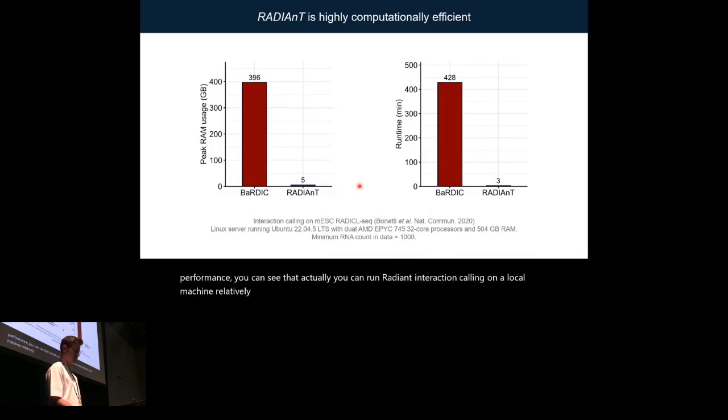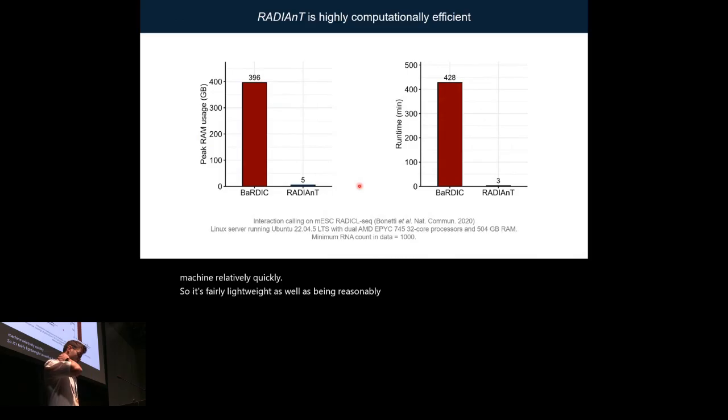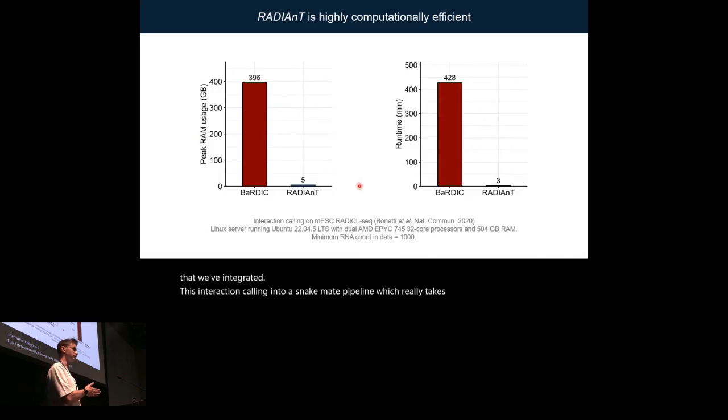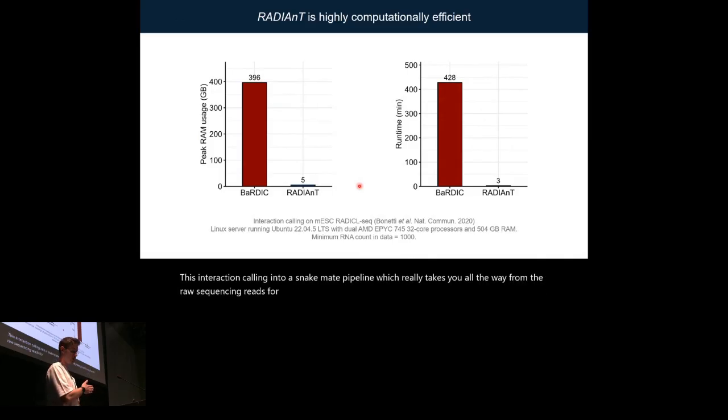So it's fairly lightweight as well as being reasonably effective. And what's not shown here is that we've integrated this interaction calling into a Snakemake pipeline, which really takes you all the way from the raw sequencing reads for these methods, all the way through to the called interactions. You might just have to ask a friend who has a bit more RAM to do all the alignments and things like that. And so that's great.